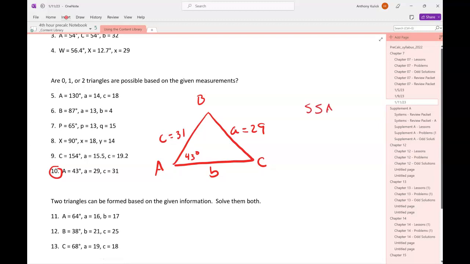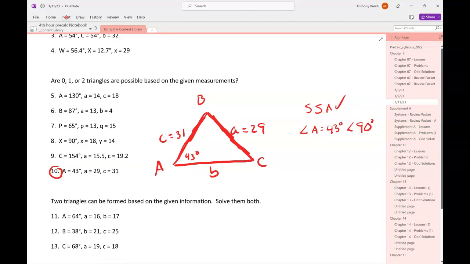Side side angle. I can tell because the two given sides don't make up the angle, right? So that's not side angle side. In a side side angle, what I need to do is first check the given angle. So angle A is acute.